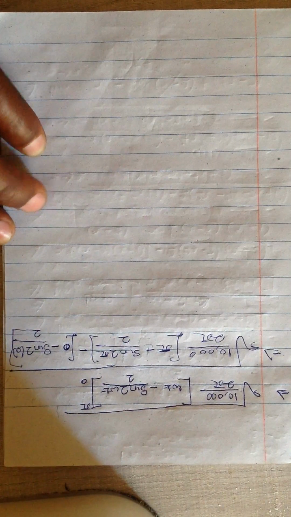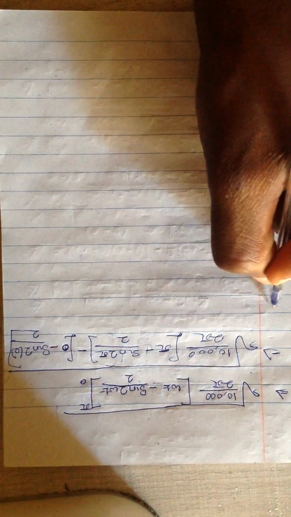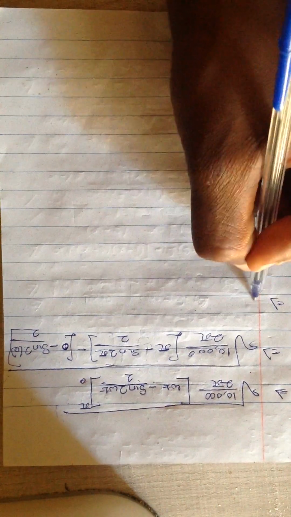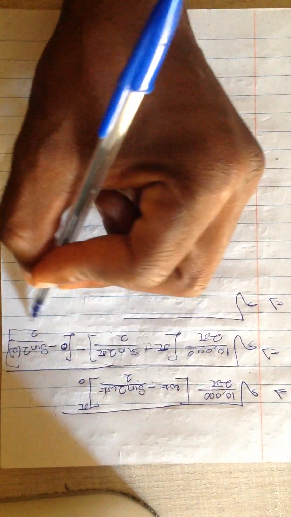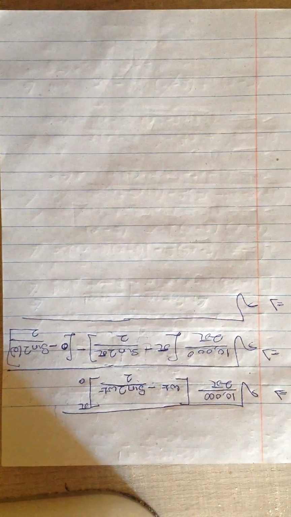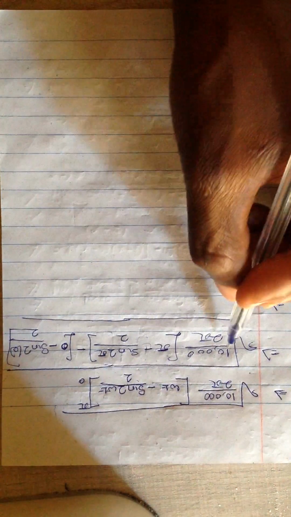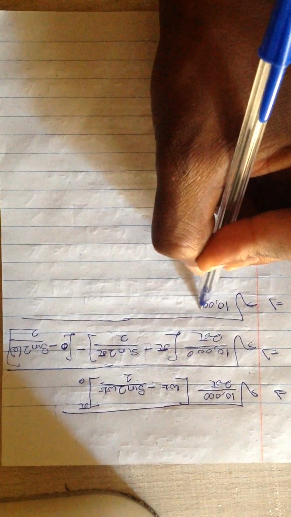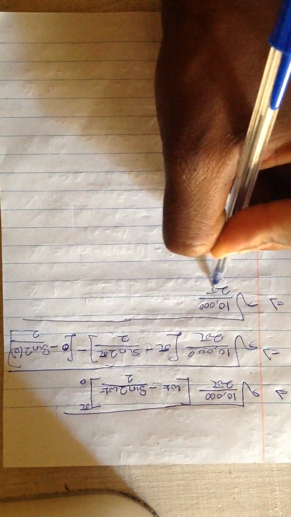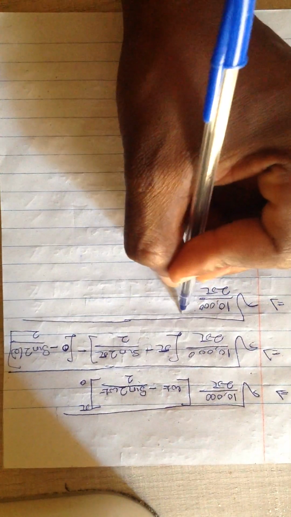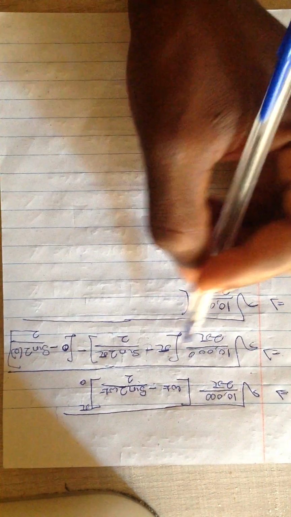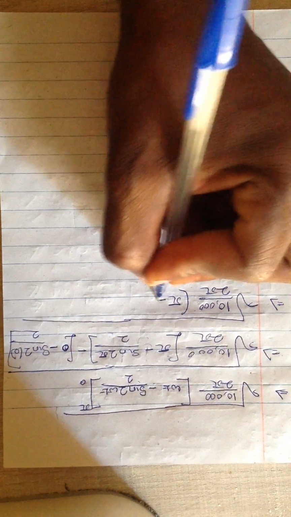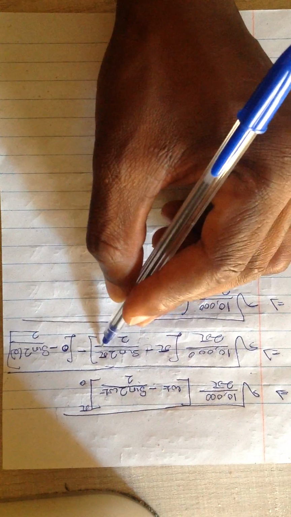What next? You continue. The square root of 10,000 over 2 pi, then in brackets pi minus, what is sine 2 pi over 2?